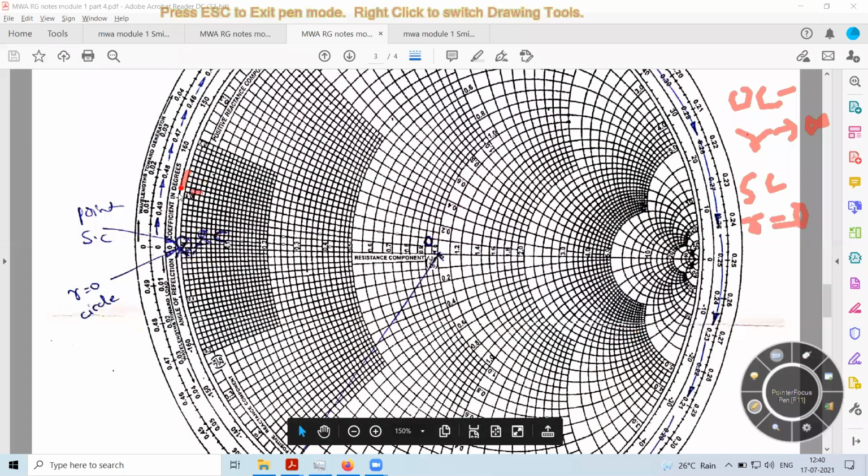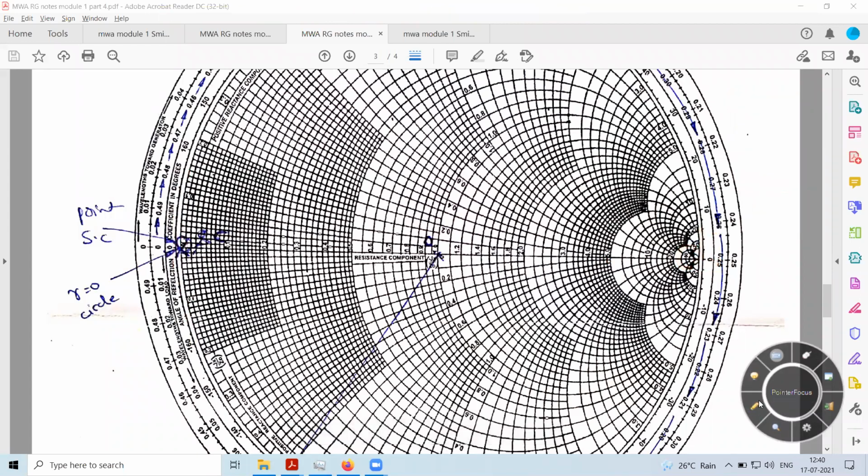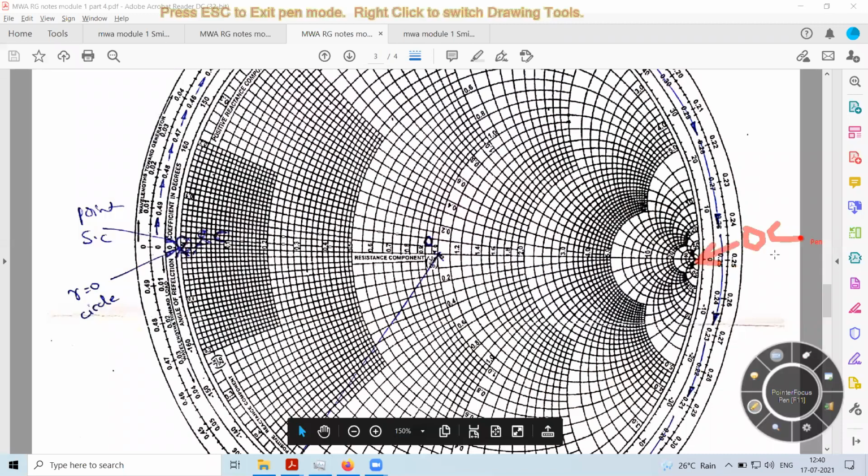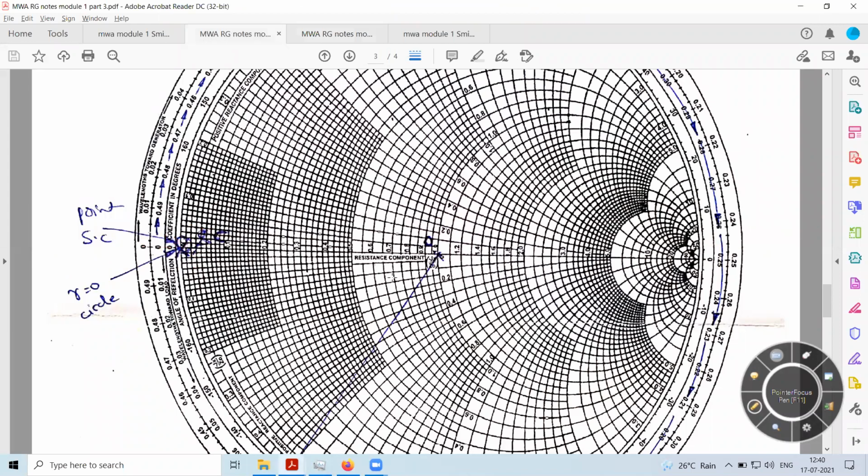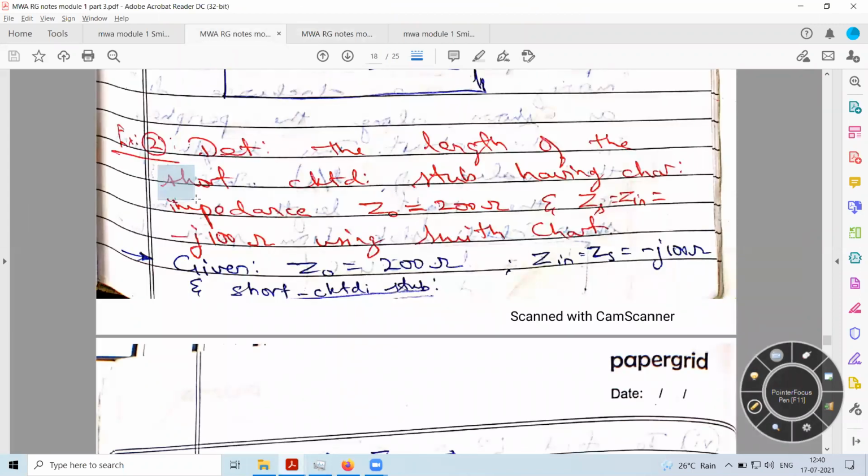R equal to 0 is this circle, and R equal to infinity is a small dot over here. So this point gives you the open circuit condition and this point gives you the short circuit condition. As specified, indirectly they have mentioned that the load is short circuited.